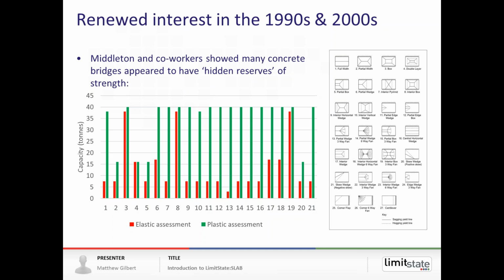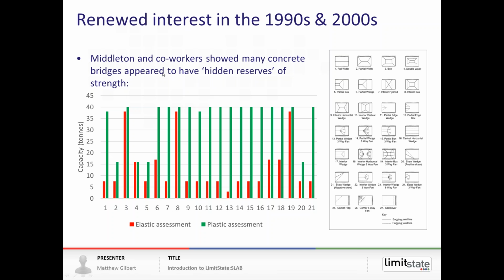We can see here a bar chart where we've got the elastic capacity in red and the plastic or Yieldline capacity in green. What you can see is that many of the bridges had significantly more capacity when analysed using plastic methods compared with the elastic assessed capacity.